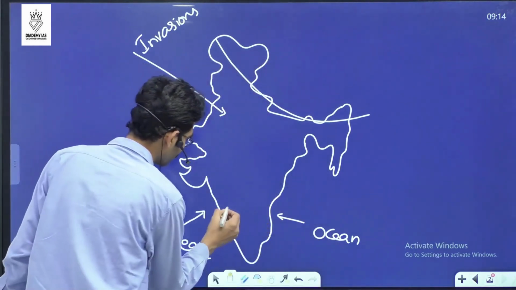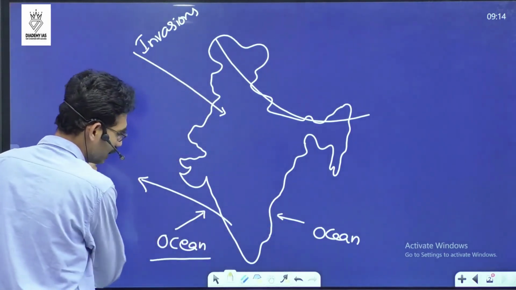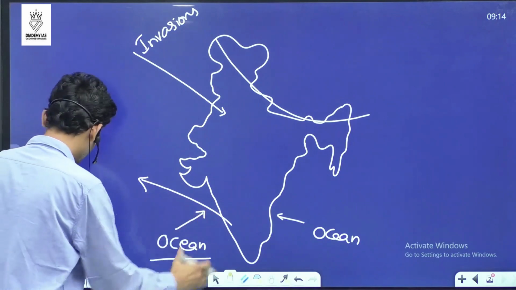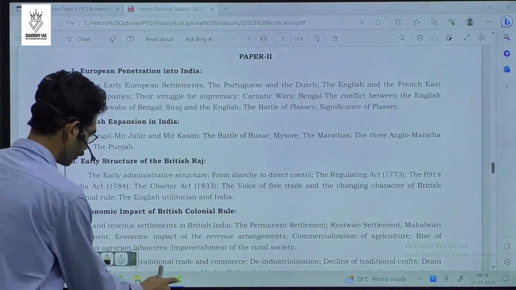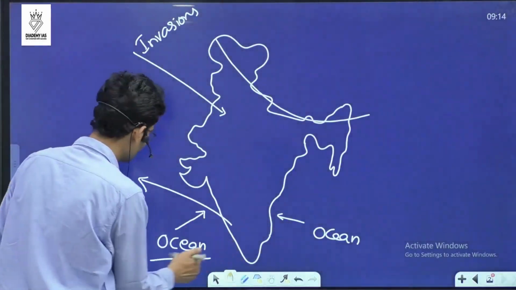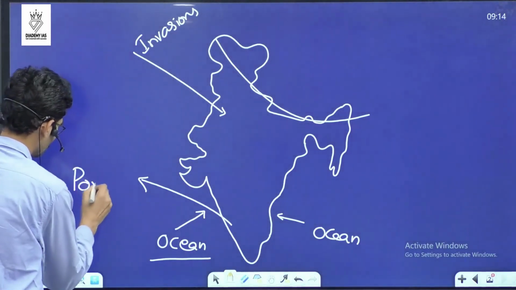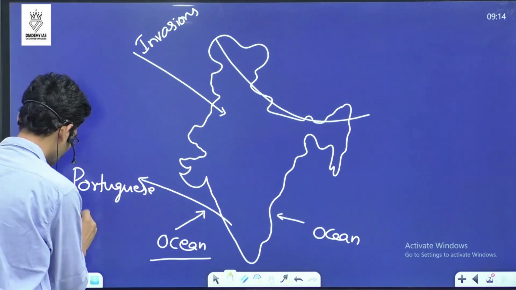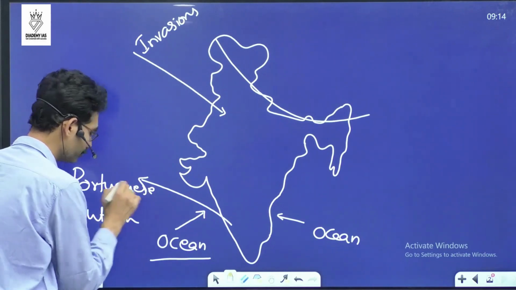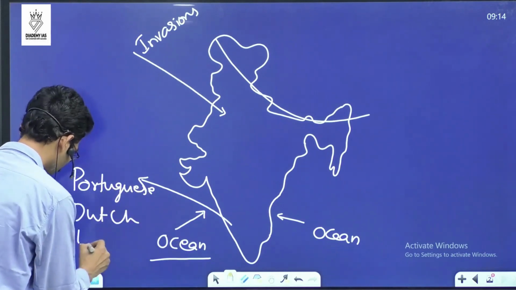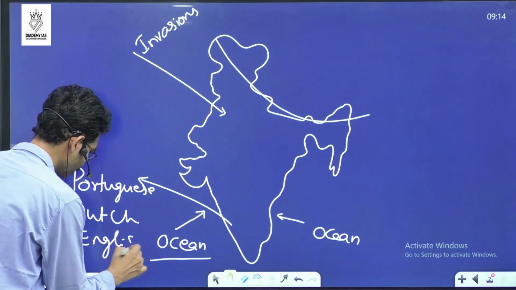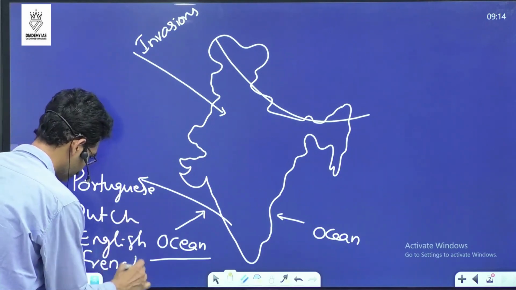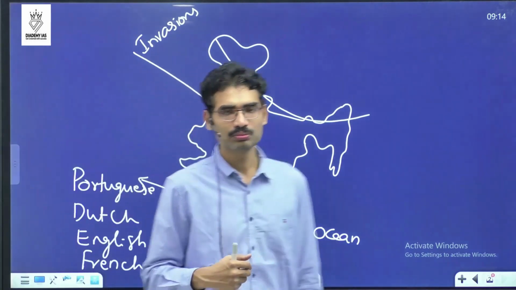Now, initially, on the western coast, the Portuguese came. Next, Dutch people came. Then English people, then French, Danish also.